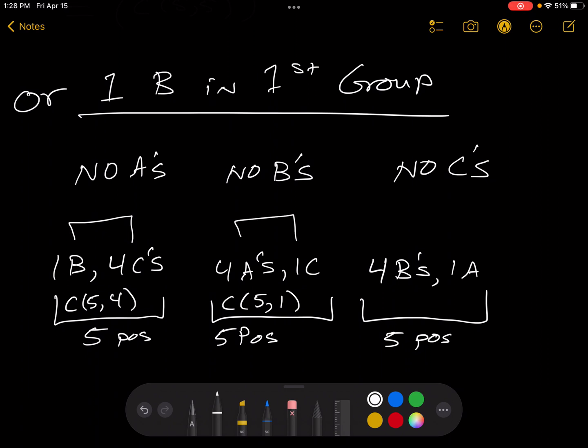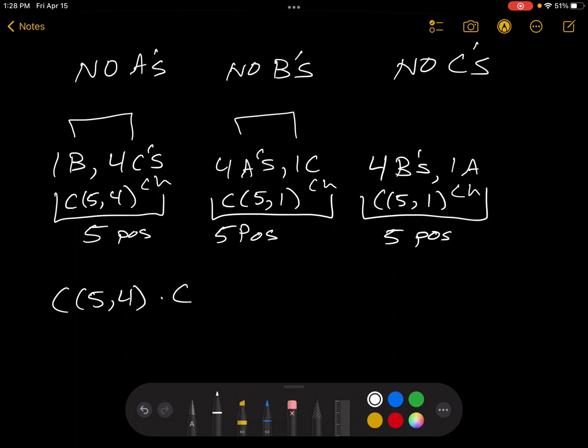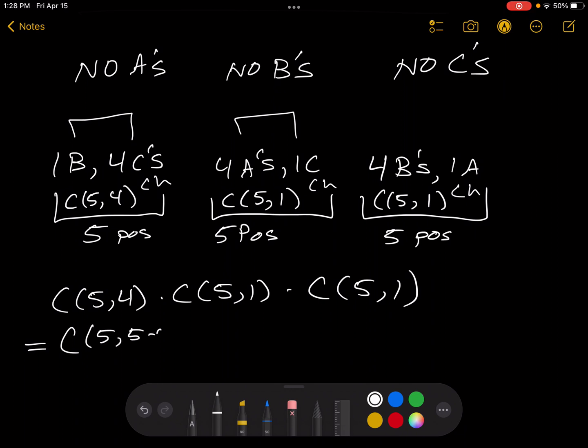Same thing here: 5 positions, choose 1 of them to be an A. So then that's C5-4 times, remember this is choices, choices, choices, C5-1 times C5-1. Now you could just compute this out, but remember that C5-4 is the same as C5 of 5 minus 4. 5 minus 4 is 1, so that's C5-1. So you can see they're actually all the same.